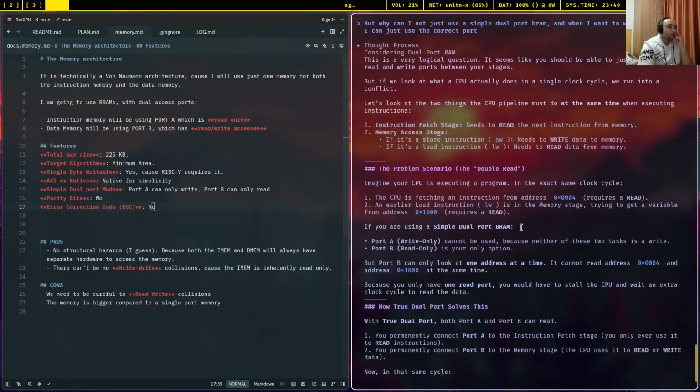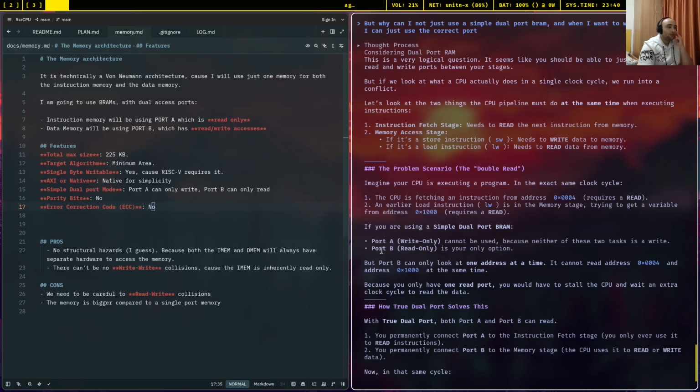If you're using a simple dual port RAM, port A is write only and cannot be used, because neither of these two tasks is a write.